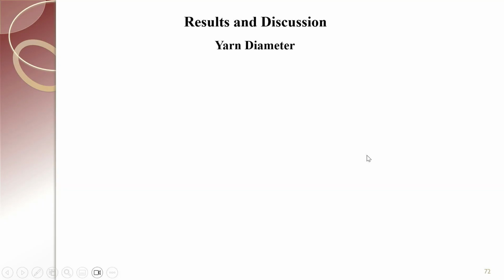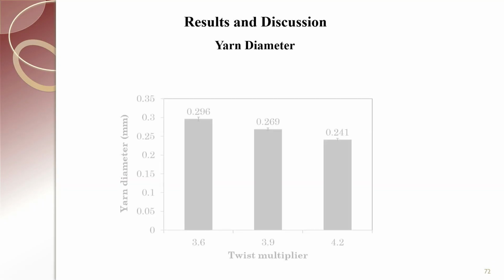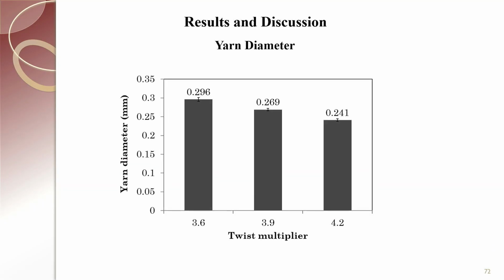Then we measured the yarn diameter first after twisting. As the twist multiplier increases, so the level of twist increases, and yarn diameter consistently reduces, which is normal and expected.